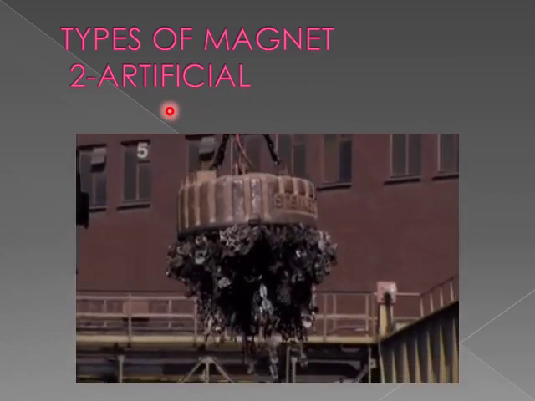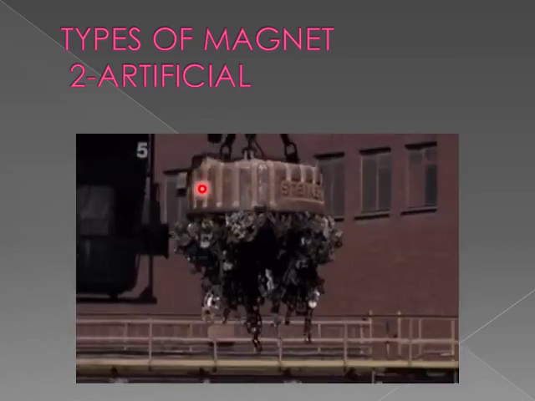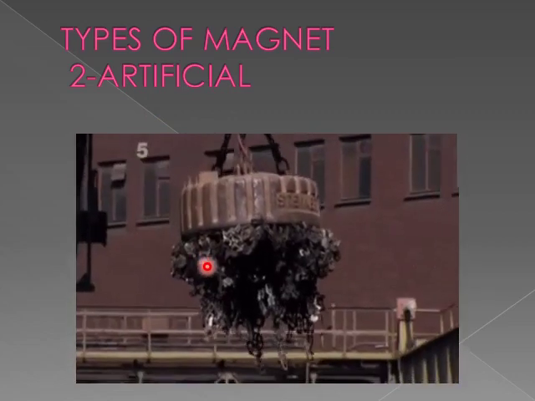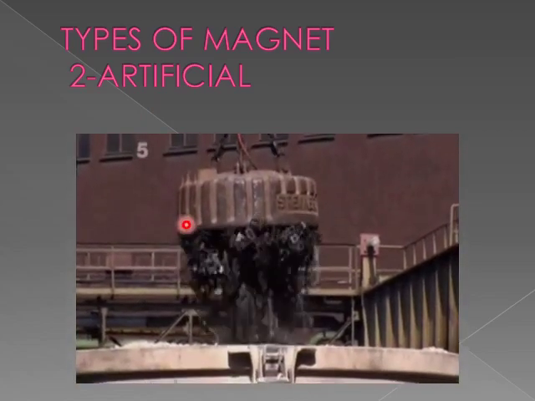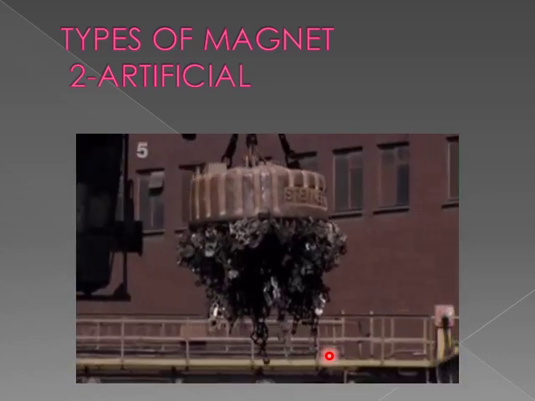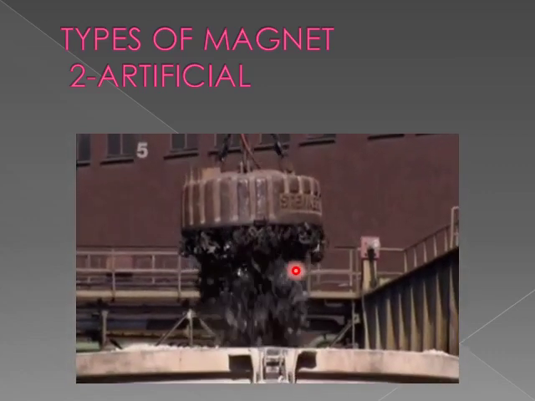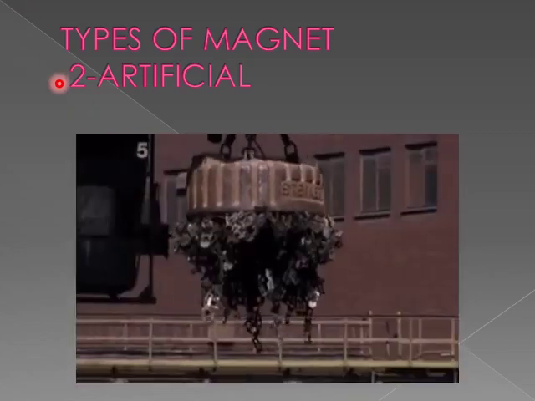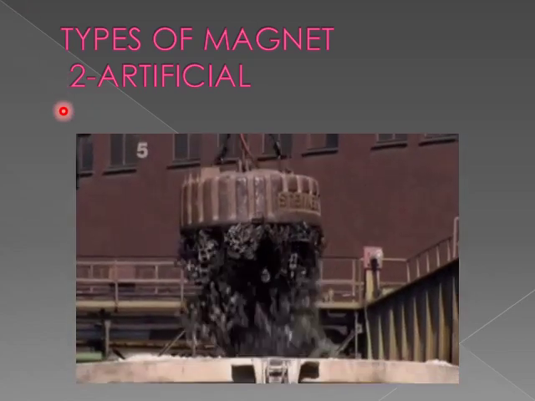And artificial magnets, you can see here, have different types of uses. So what is the use of this artificial magnet? You can see in this diagram in the picture. Let's see in the next picture and diagram the use of artificial magnets in daily life.